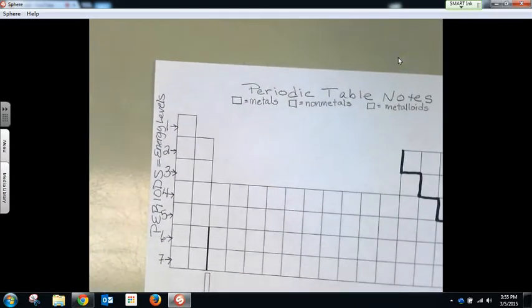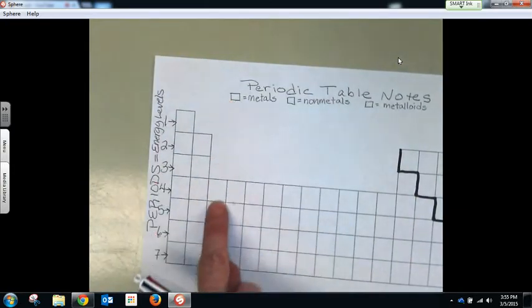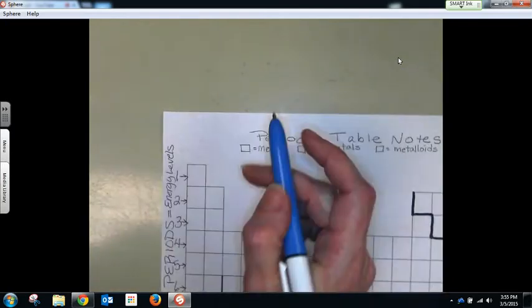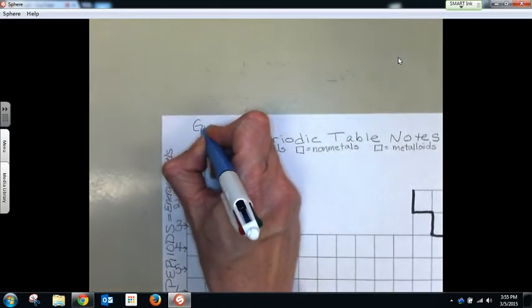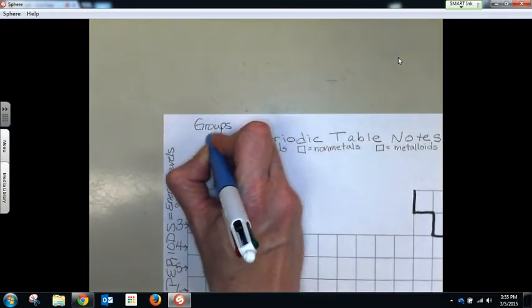Now, we also have columns that come down, and we're going to go ahead and number those. They are called groups, and sometimes we call them families.